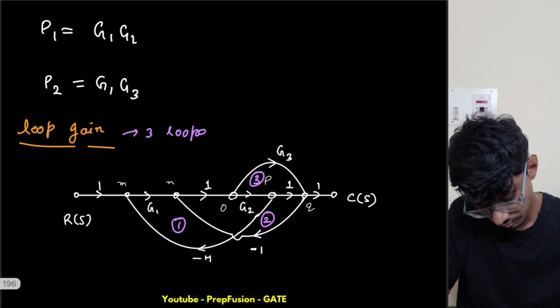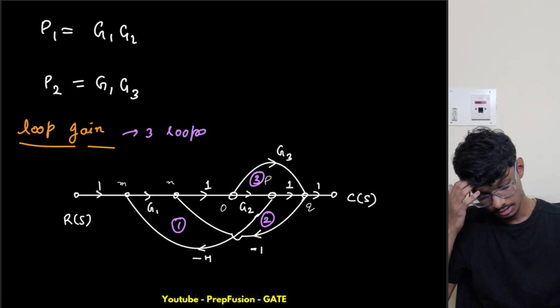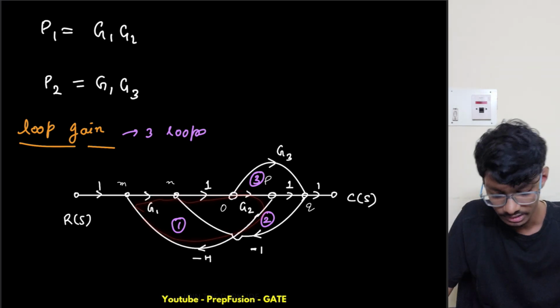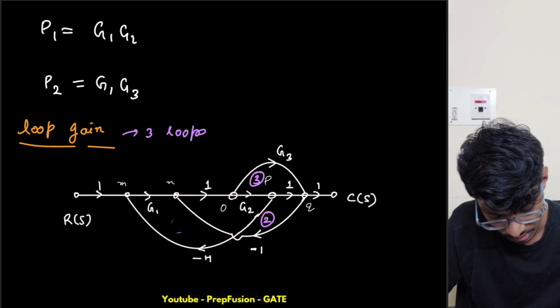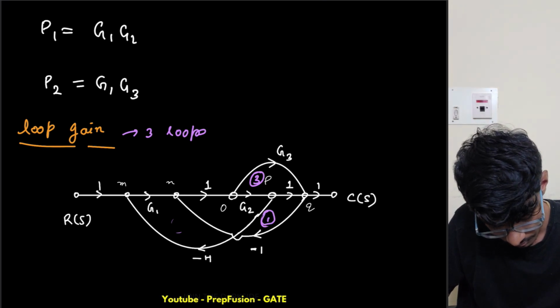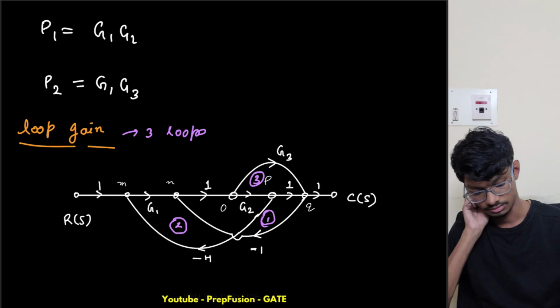Now what is L2? L2 is simply this one, right? This loop gain I'm considering as L2. So let me name it correctly. This is 1 only, this is 2 only.